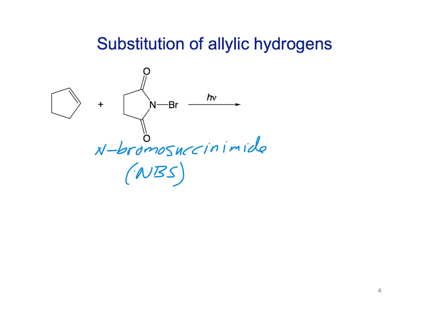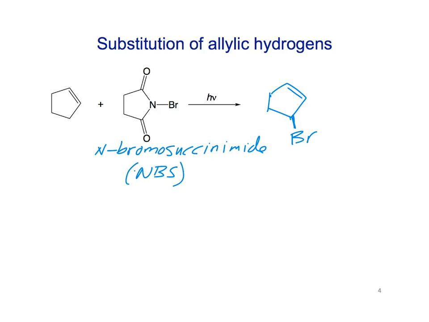And this NBS is going to essentially be a way to generate bromine radicals, okay? And when we do this reaction, we'll just draw out the product first. We are going to do a substitution, and we're going to generate the allylic bromide.